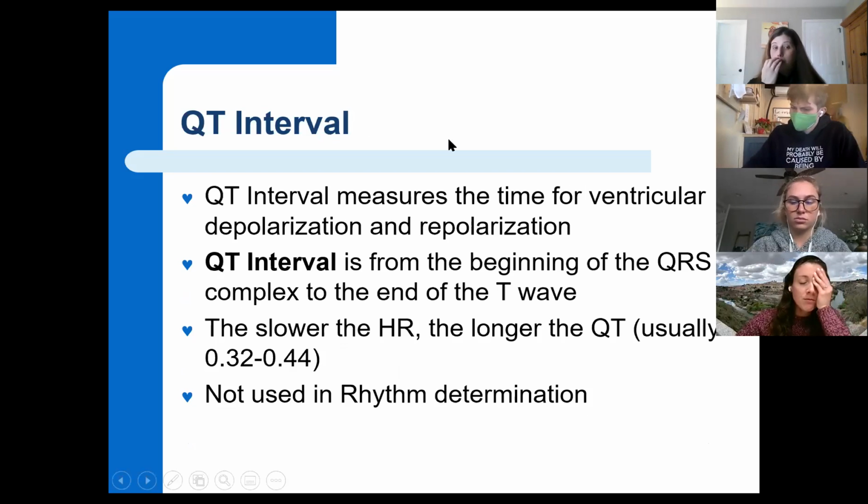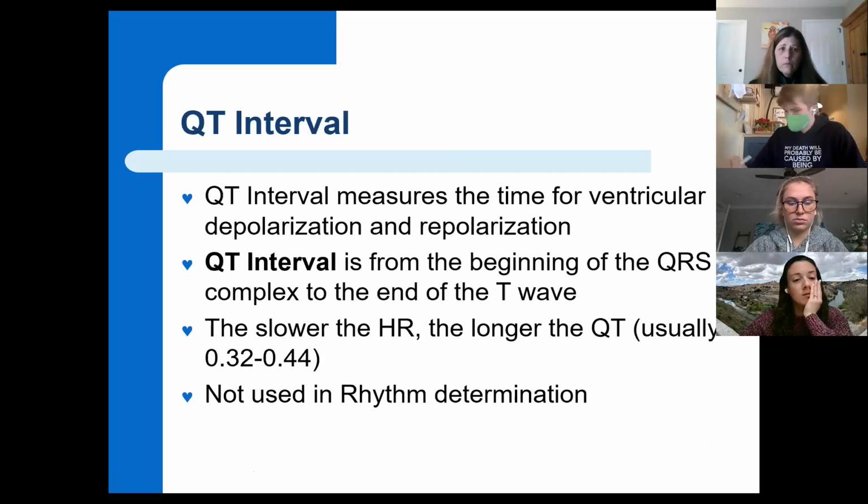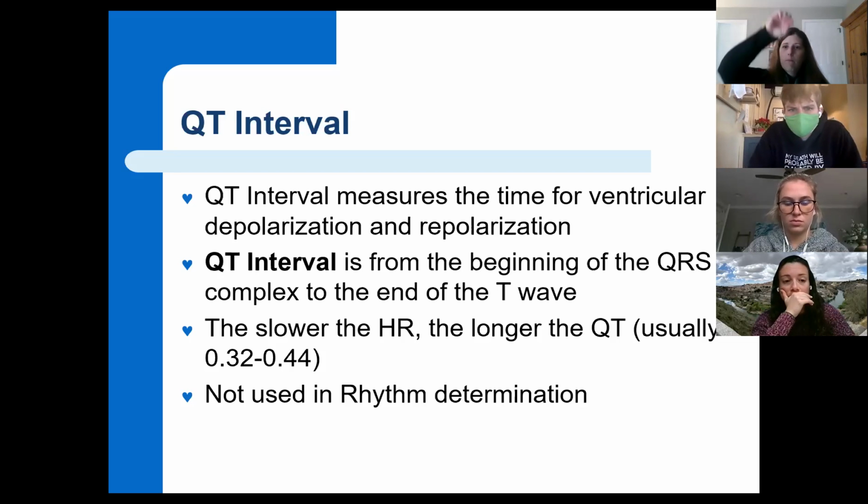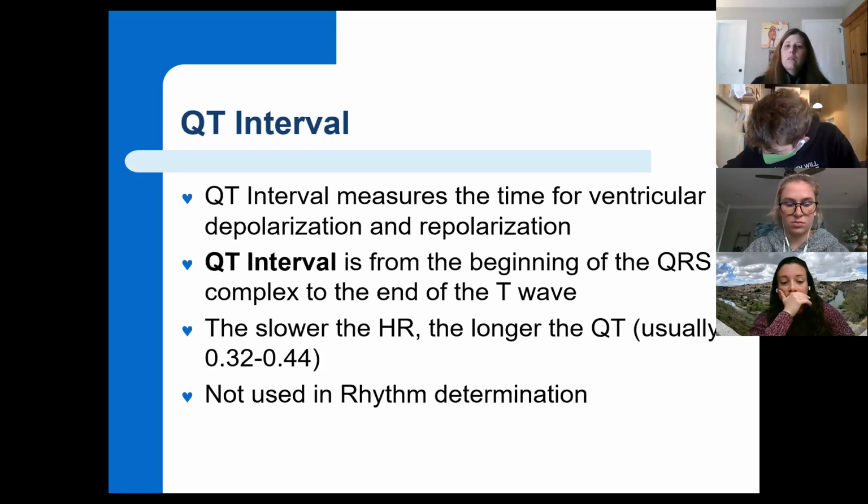Okay, the QT interval. This interval is the time frame for the ventricular depolarization and repolarization. I already told you the QRS is representation of the ventricular depolarization contraction. We see that big QRS on the strip. I already also told you that the ventricular repolarization, when it rests, it refills, it recovers, is represented by the T wave.